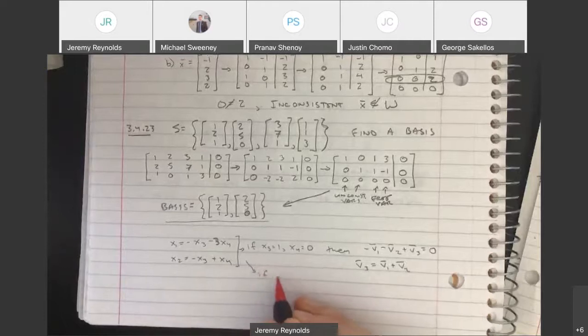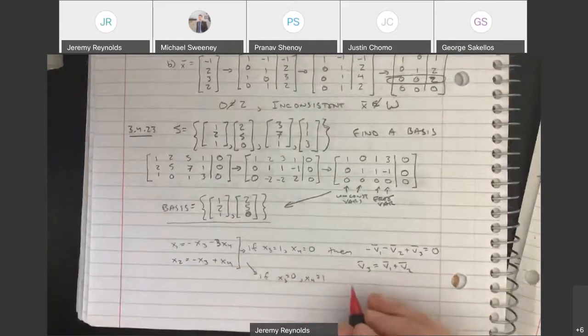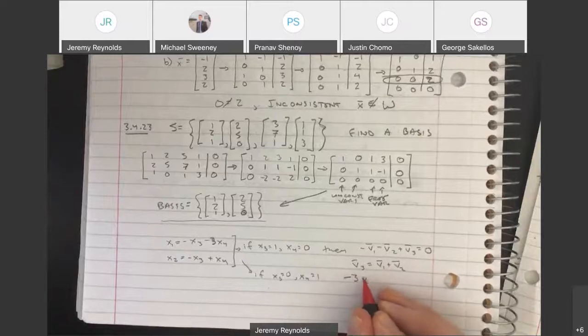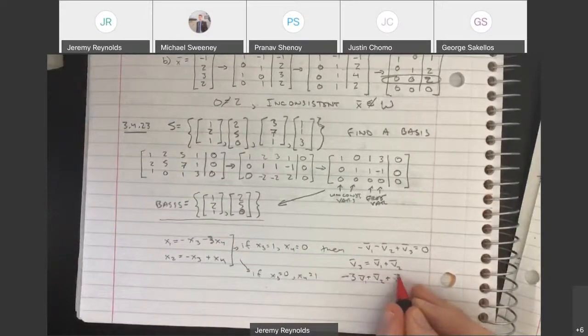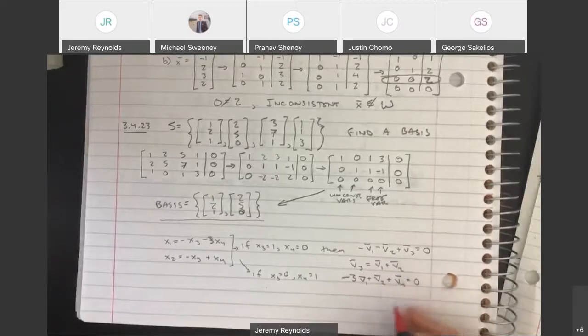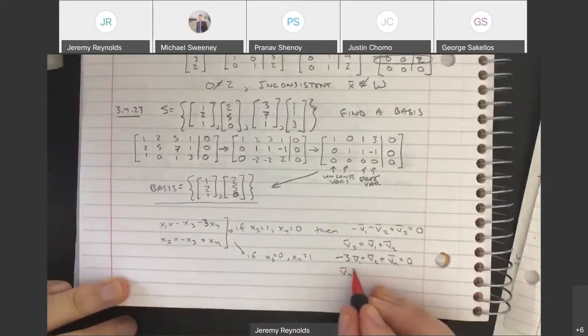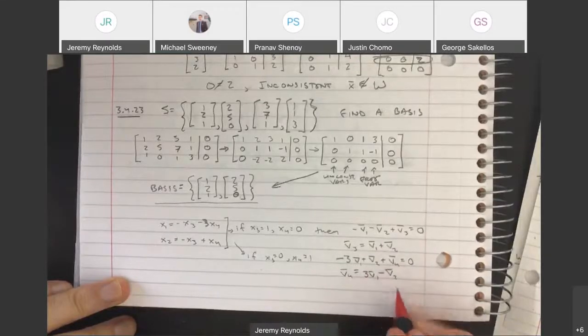Similarly, if x3 equals 0 and x4 equals 1, then negative 3v1 plus v2 plus v4 is going to equal 0, so that v4 is a linear combination of v1 and v2.